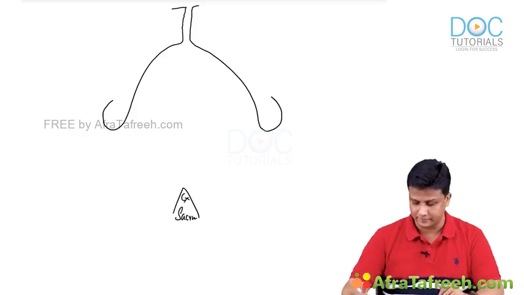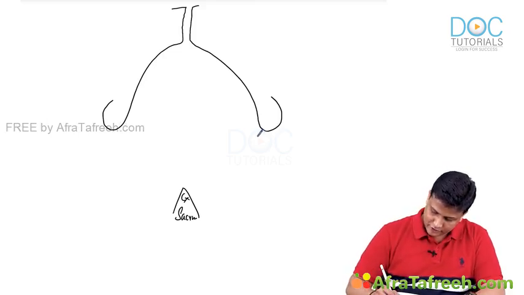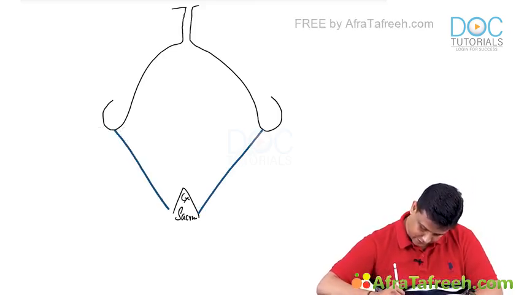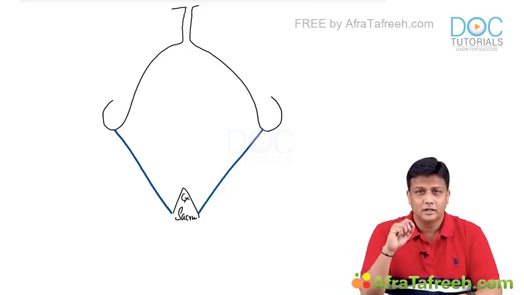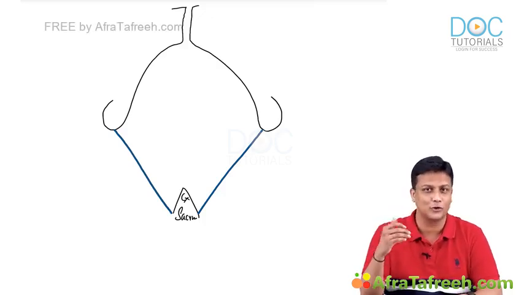Now between this sacrum and the ischial tuberosity there will be a ligament here. That's the reason why the name of that ligament will be sacrotuberous ligament. From the sacrum to ischial tuberosity, sacrotuberous ligament.